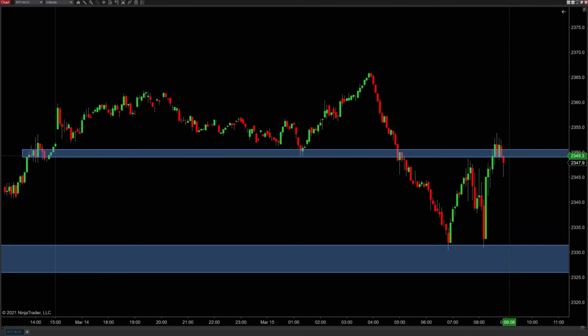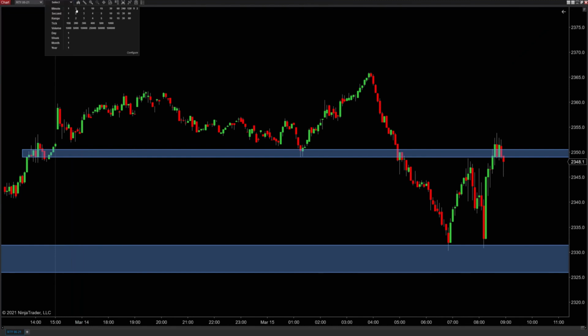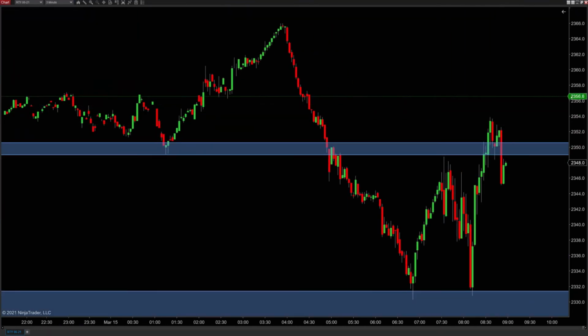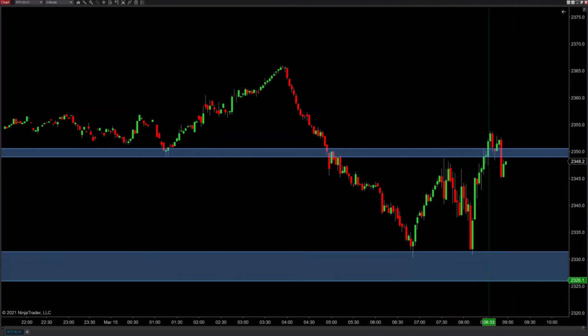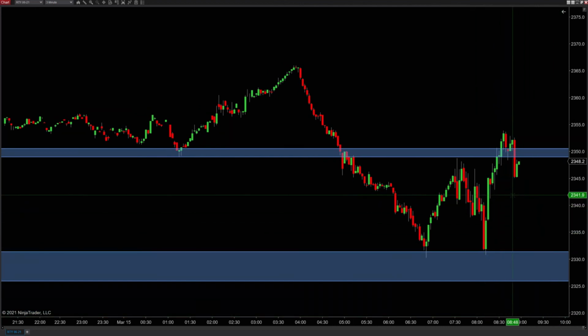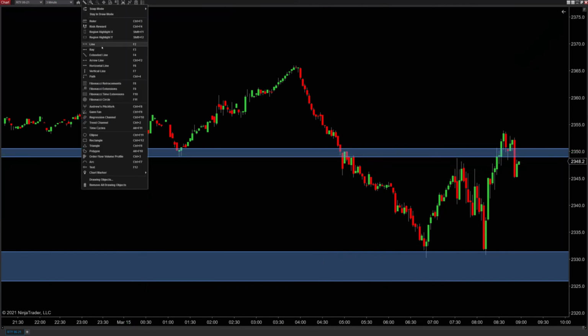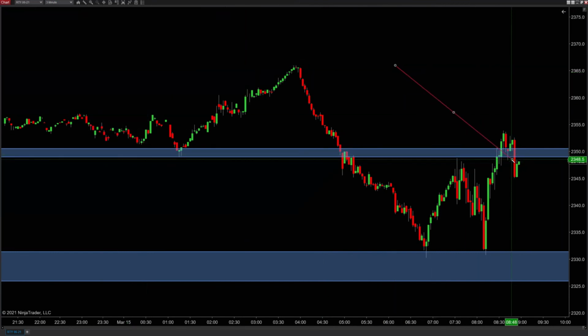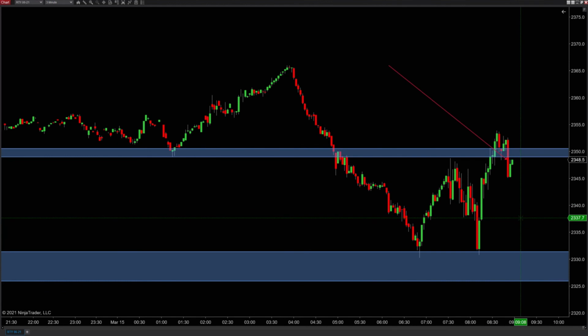It's going to come back up possibly and test this little area here before it rolls over. On a 3-minute chart, there's where we can really get more clarity, where we see the resistance area up here, and then we see a nice solid bearish bar here.